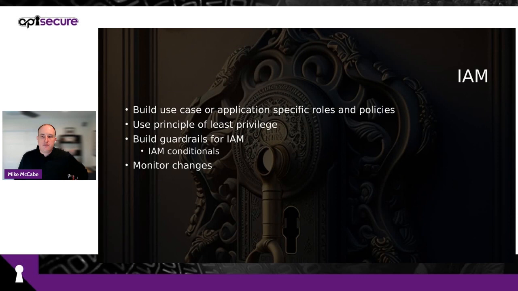So for IAM, I think this is one of the big pieces that people need to focus on, which is building sort of common sense IAM policies for the thing that you're doing. If an EC2 is only being used to run some application, does it need access to all of your S3 buckets? Probably not. If Terraform is just setting up three services, does it need access?